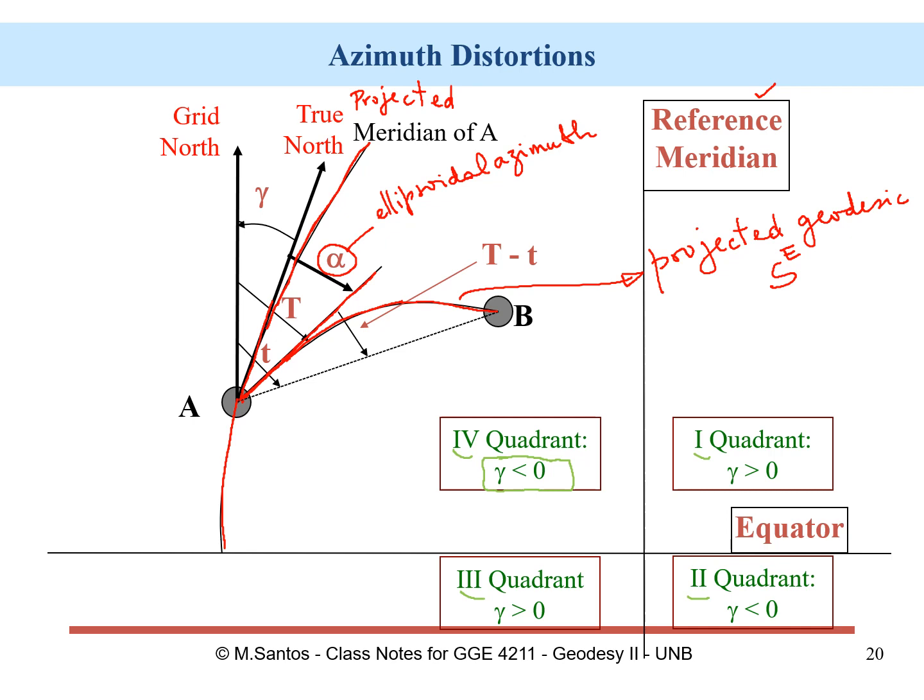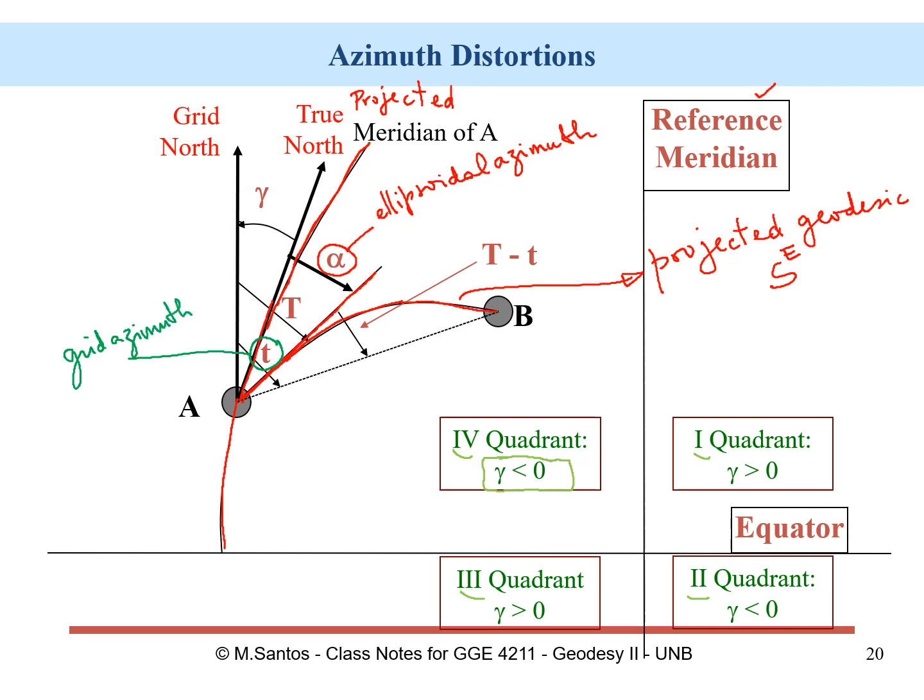The problem is that we want to make computations using grid elements. We are interested in the grid azimuth. And what is the grid azimuth?